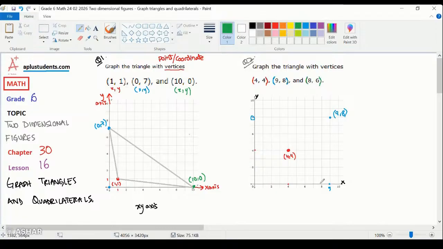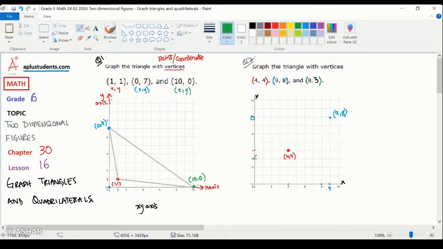That means on the axis we have 8. Once we go up, this would be 6. Or let's say this is 8, 4, or 8, 3. I'm just changing this so that it's much easier for us to understand.